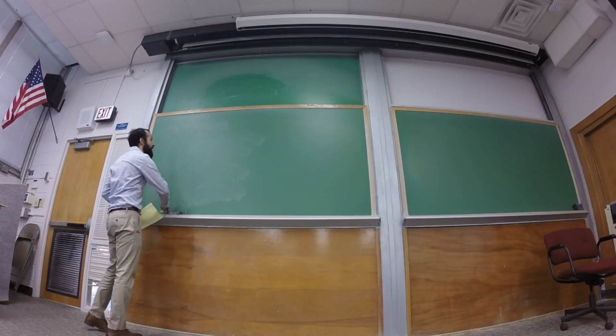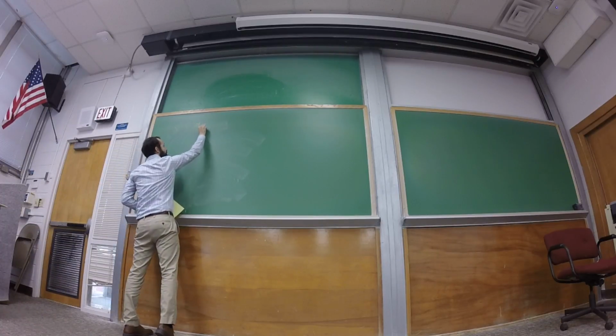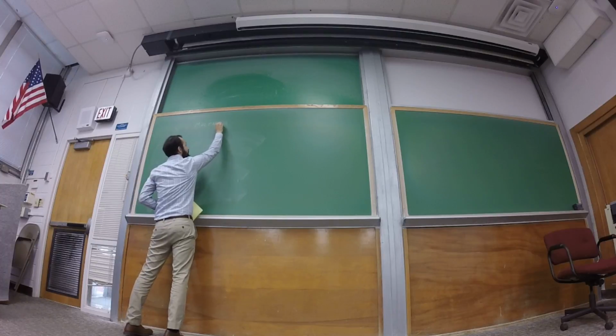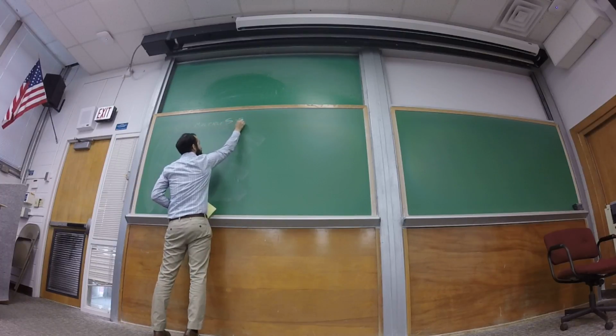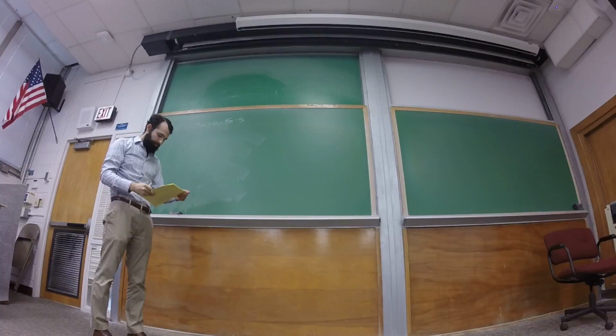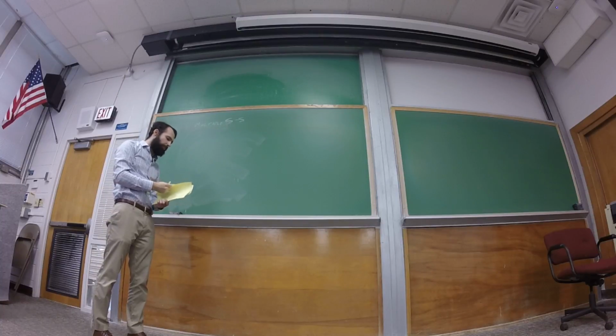So the topic that we were on last time is what we're going to pick up today, and it was about multiple steady states. And so we had these two equations.